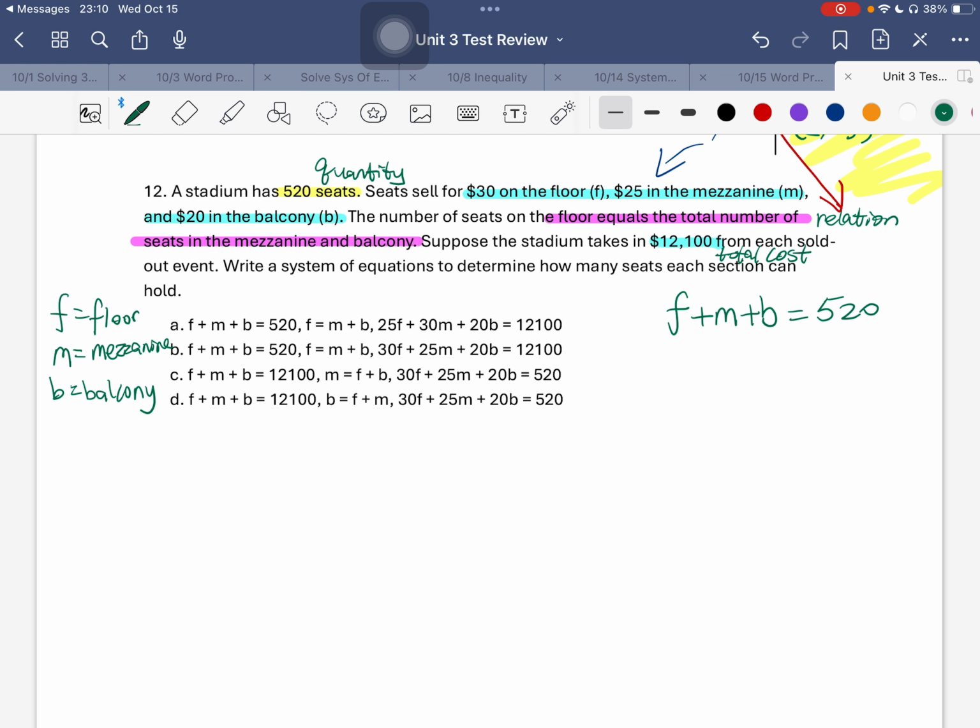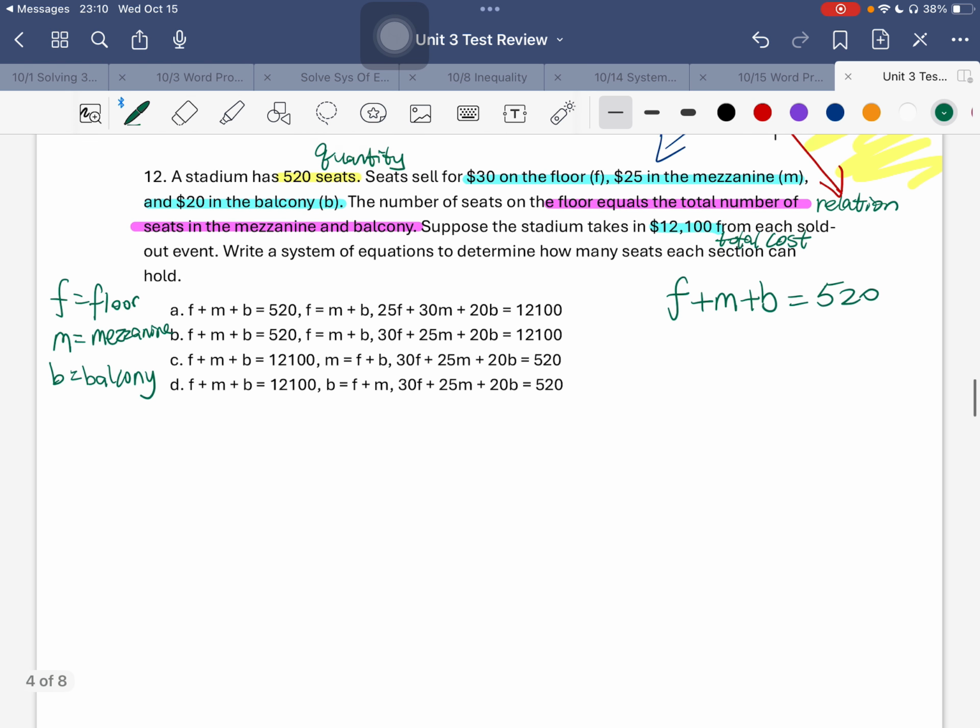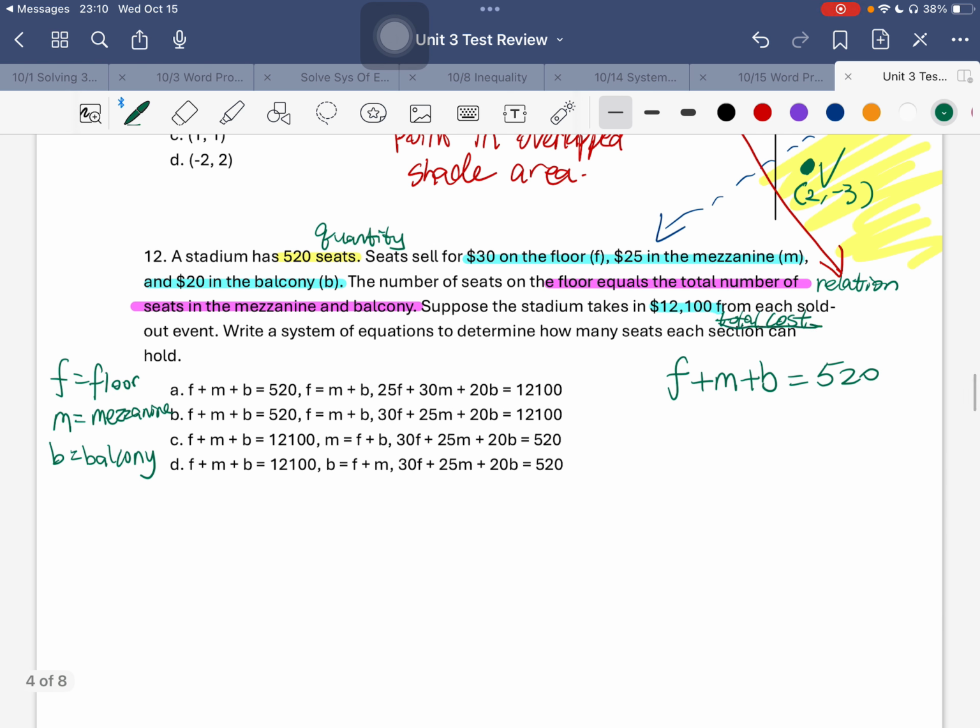Now let's go to equation 2. And I see there's a total cost, total cost for 12,100. So total cost is always the cost for each variable, and you add them up.